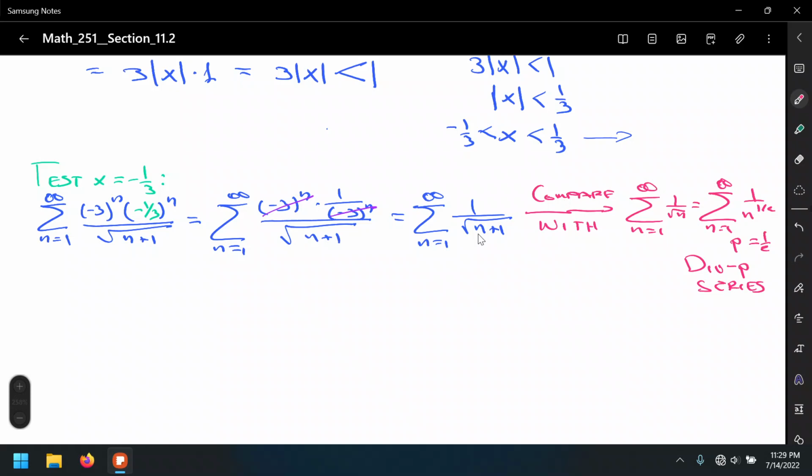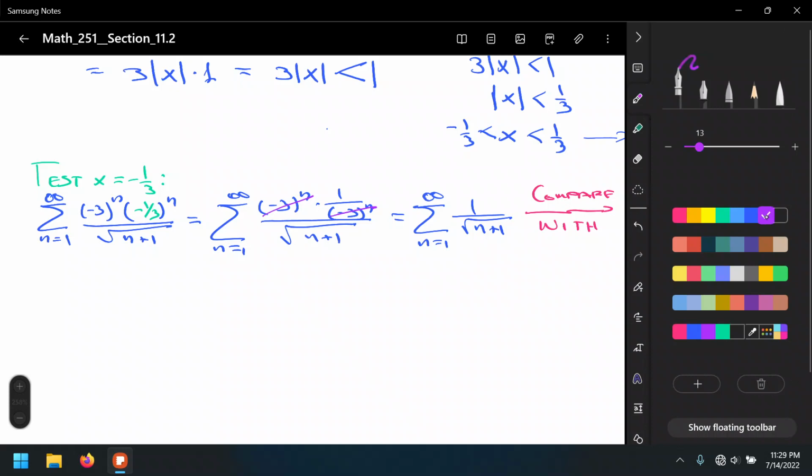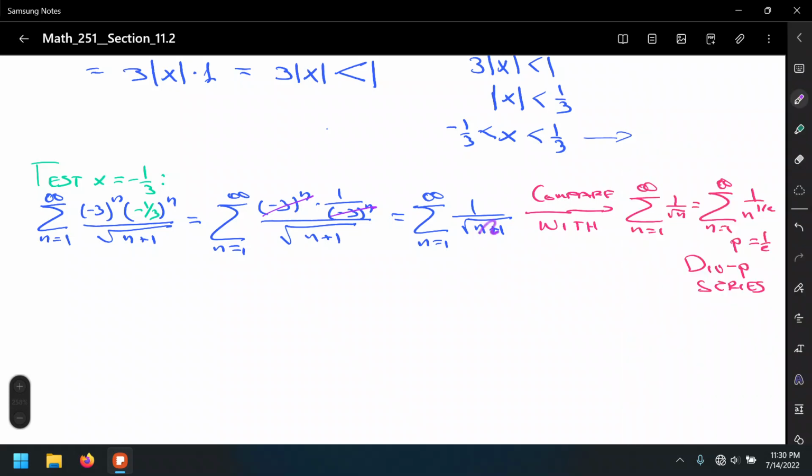Alright, so we need to do the comparison test. For divergence, if we did the direct comparison test, we would have to show the huge is greater than or equal to the big. However, is 1 over the square root of n plus 1 greater than or equal to 1 over the square root of n?